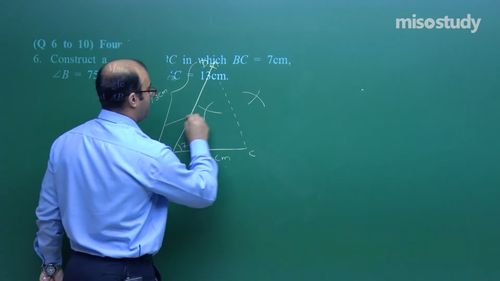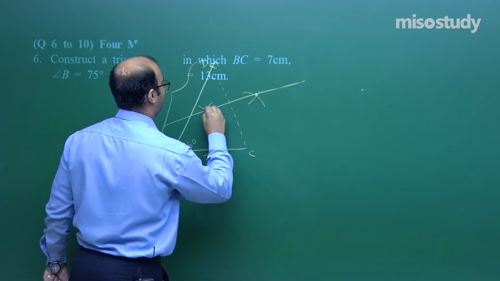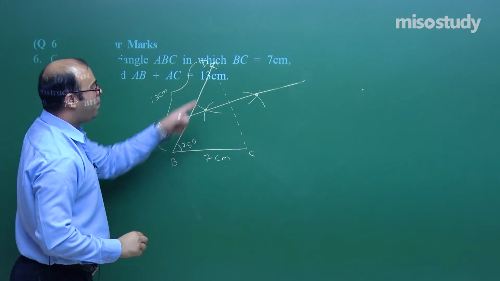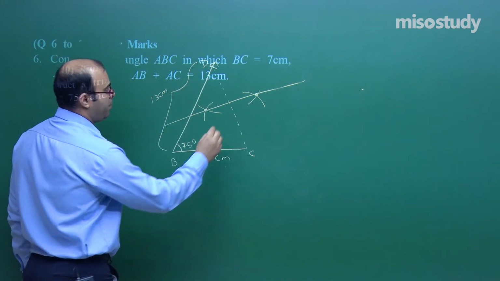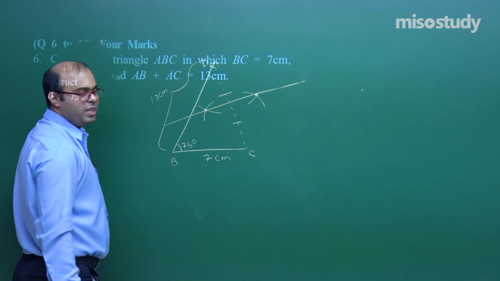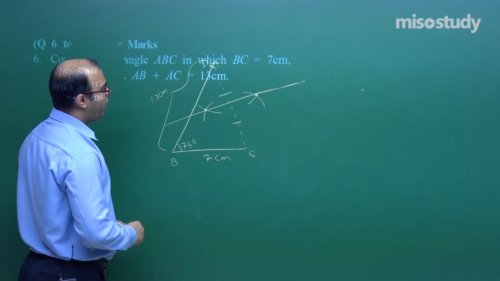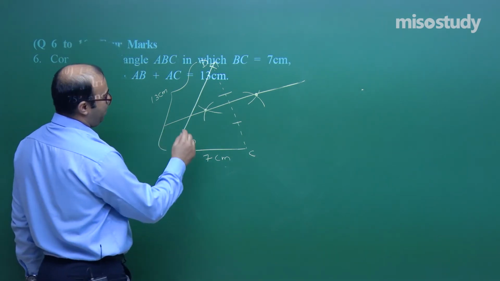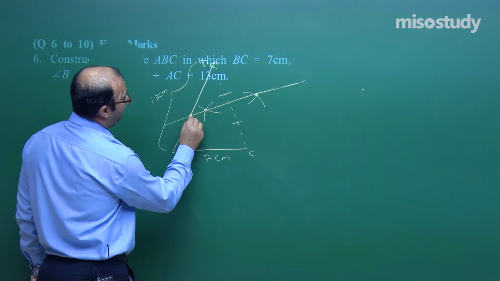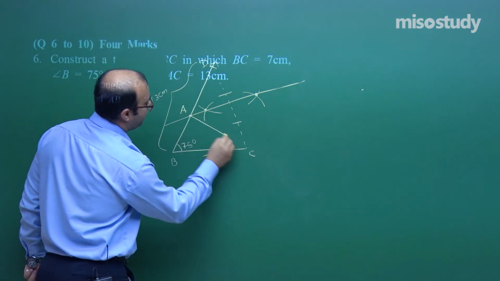We join these 2 points of intersection of the arcs. This is the perpendicular bisector of CD. That means this length is equal to this length, students. What do we do next? In the next step, we will join this point, let us call it A, with C.